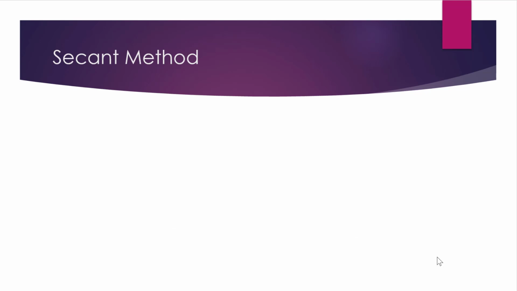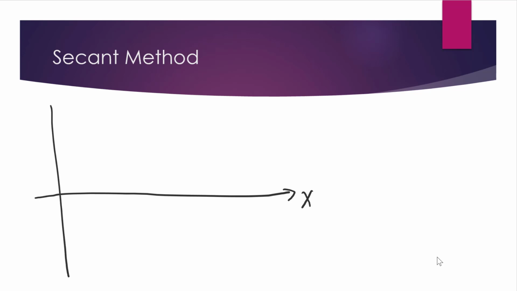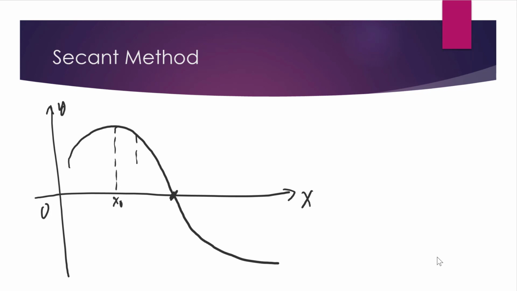Let me show you the iteration process graphically. Assume the function looks like this. This is the root, and we have two initial guesses about the root, x0 and x1. x1 should be a better approximation than x0, so x1 is closer to the root.